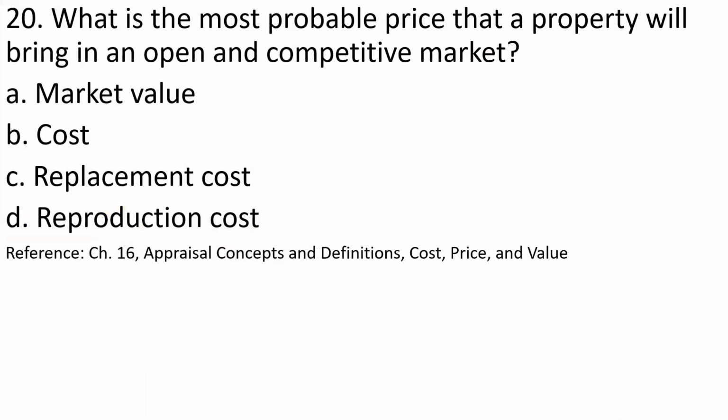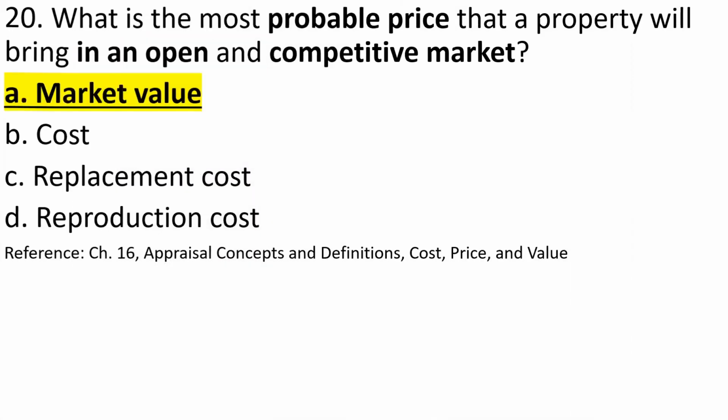Number 20, what is the most probable price that a property will bring to an open and competitive market? That goes without saying that that would be market value. Market value is the most probable price a seller will get for his or her property, assuming they know the value of their property.